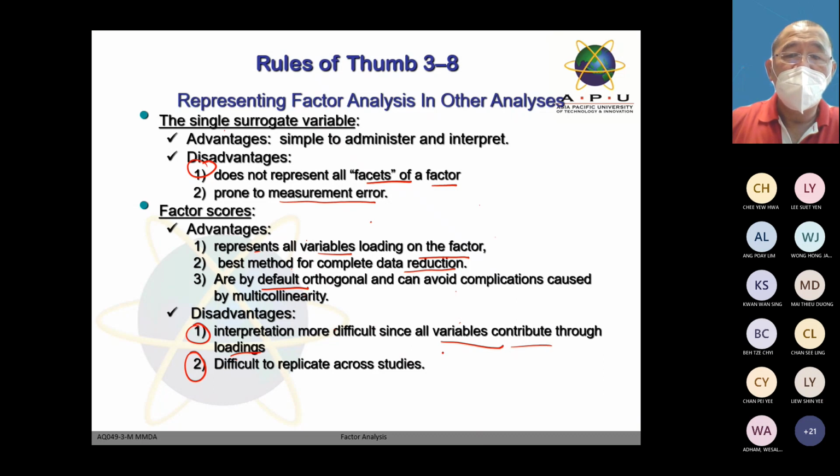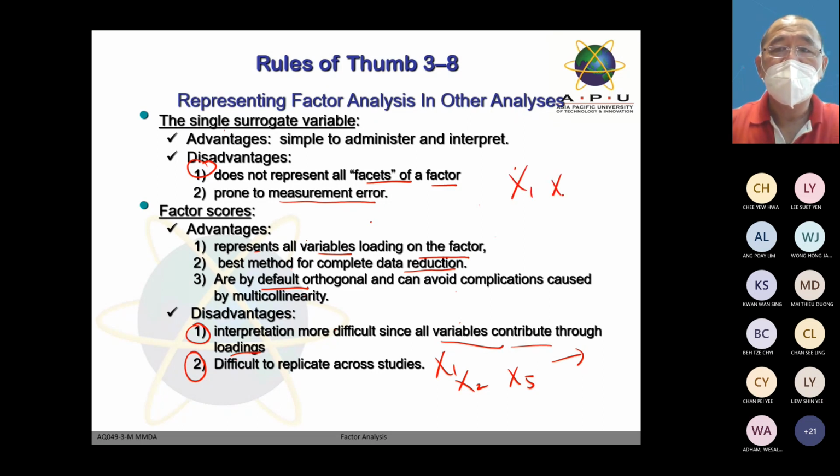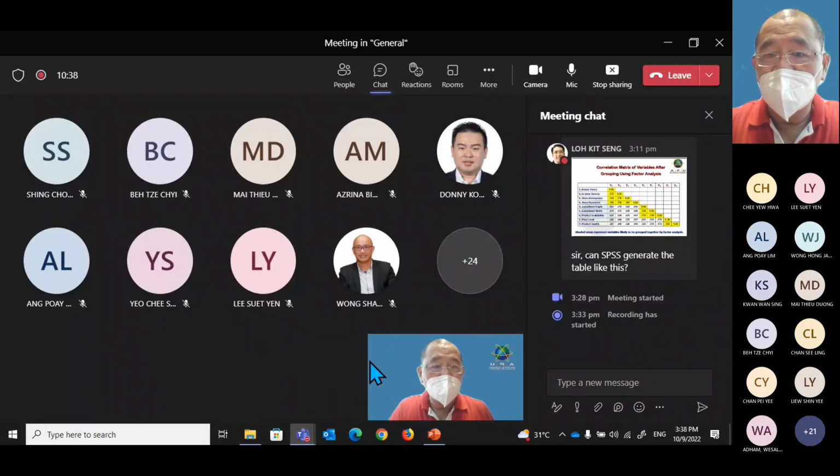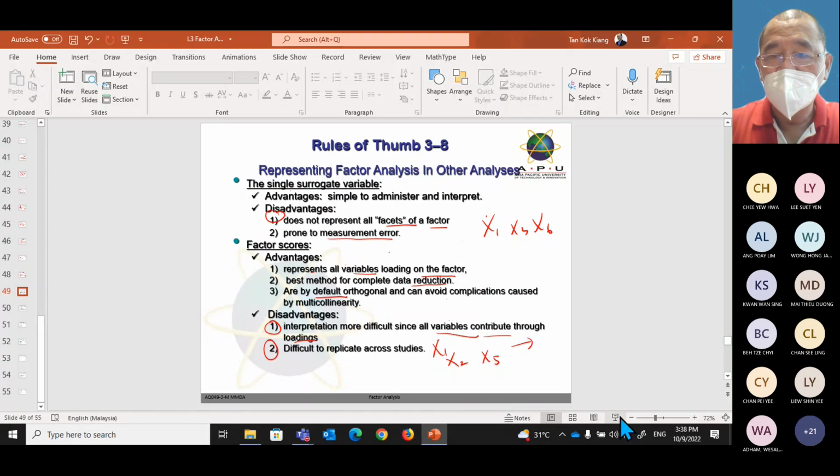In your study you use x1, x2, and x5 to represent a factor, but in another study the data is different, so maybe they come up with a different factor, with x1, x3, x6. Therefore it is difficult to replicate across studies. If no question, now we see next.